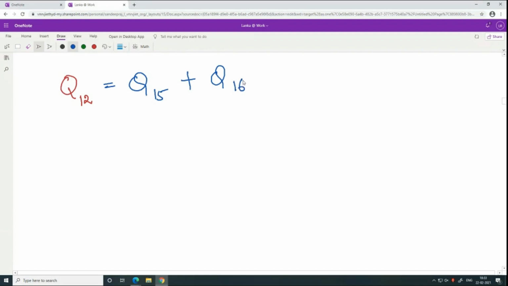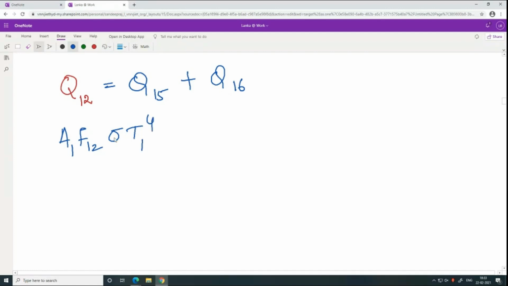So for verifying my hypothesis, I have taken Q12 is equal to Q15 plus Q16. So if I write this on this side, A1 into F12 into sigma into T1 to the power of 4.